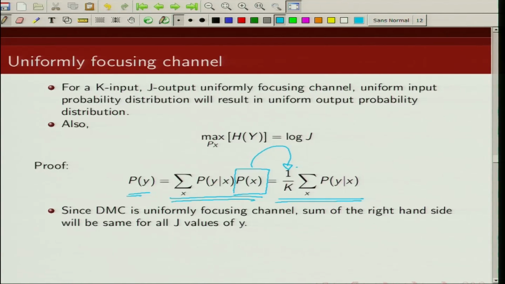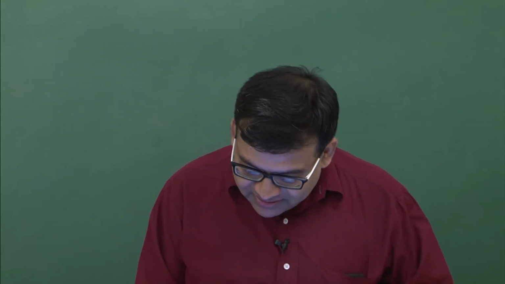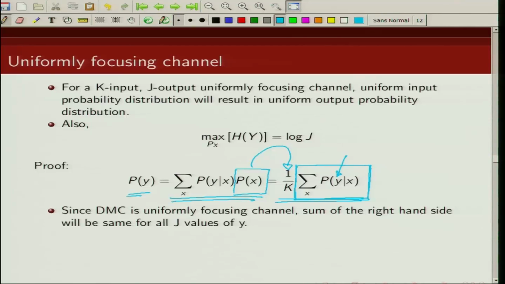Now what is this term? These are the transitions terminating at output y coming from all possible inputs. For a uniformly focusing channel, this term is the same no matter what the value of y is.